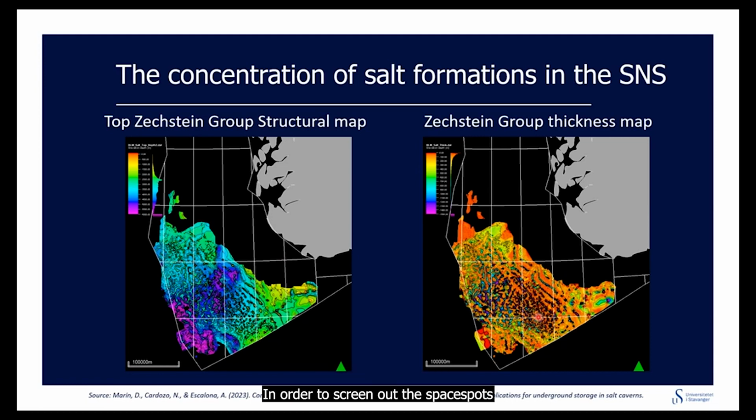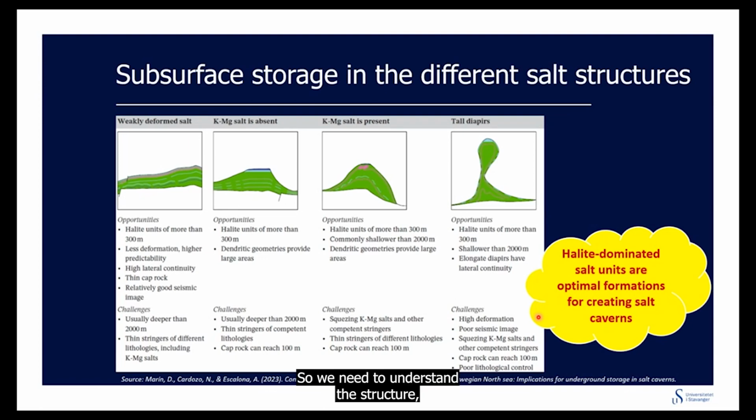In order to screen out the sweet spots for energy storage in salt structures, we need to understand the shape and geometry of these structures. The authors already mentioned that there are at least four kinds of geometry of these salt structures, which include weakly deformed salts, potential magnesium-absent salt structures, and salt pillows with potential magnesium elements.